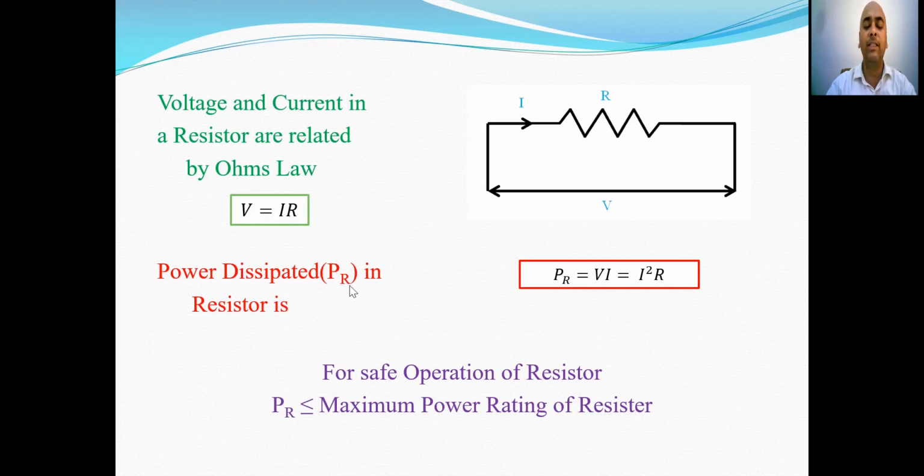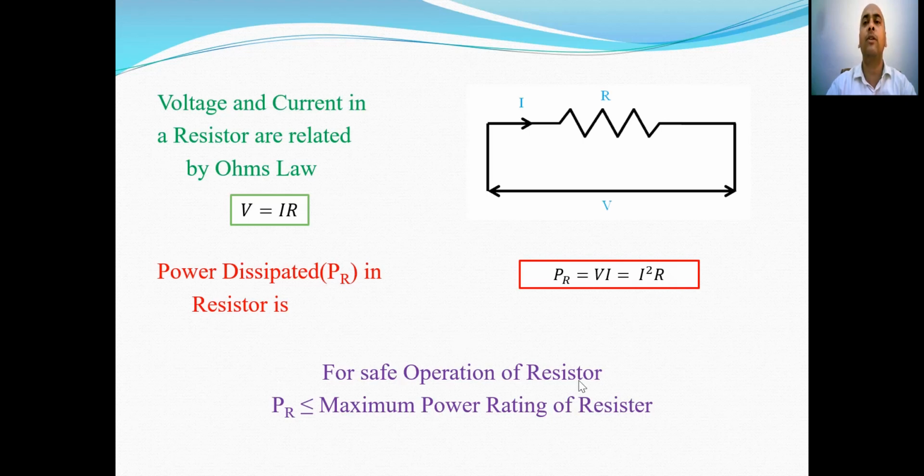The power dissipated in the resistance is given as VI, or since V is IR, it is I squared R. That is, the power dissipated in the resistance depends upon the current in the resistance as well as on the value of resistance.